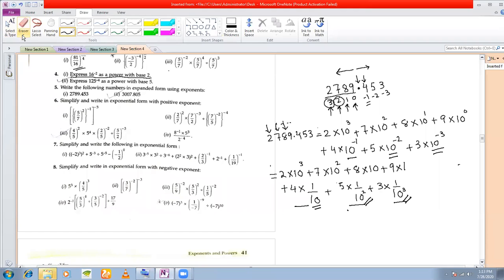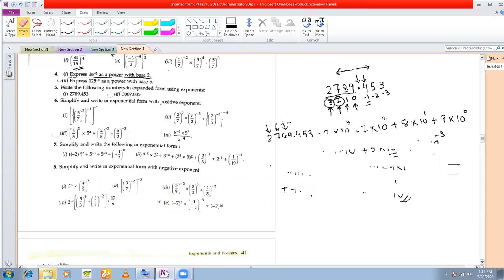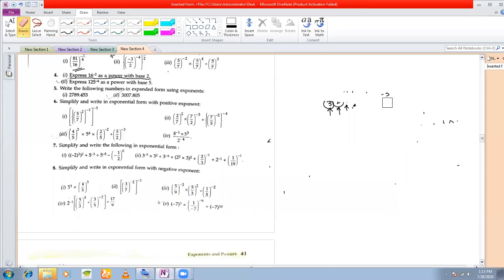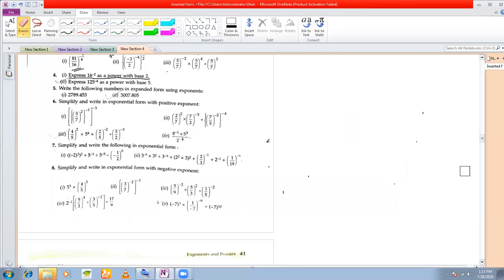So let us proceed now with the other sums. Now look at the, I don't know which sums I have solved here.